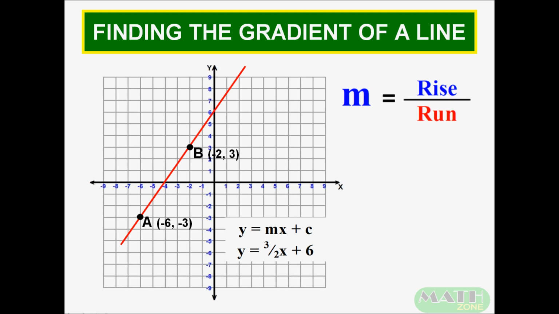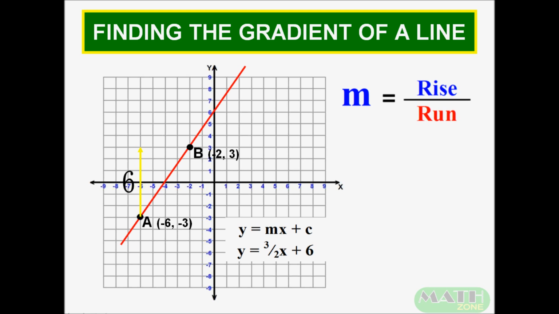So starting from point A, let's travel or rise along the y. Here we are traveling, and that is where we would stop. If we were to count the number of units, we would get 6 units going up.